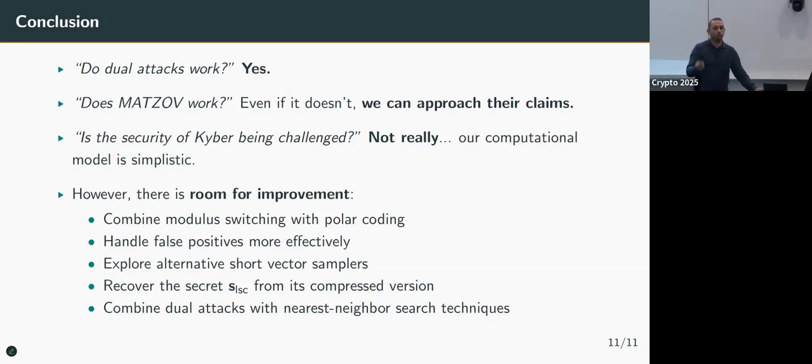But to counterbalance this point, we have to remark that the dual attack that we propose is quite simple, because it was just to confirm that it can work, but we can do many improvements on dual attacks that I list here in this slide.